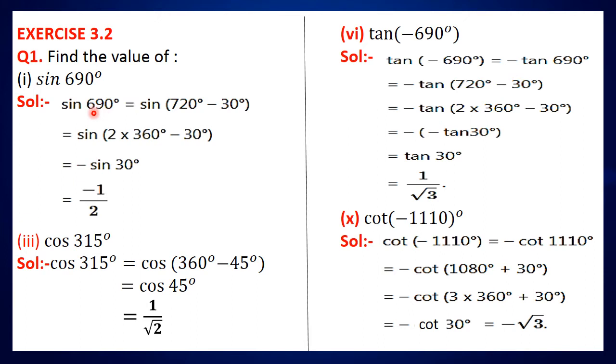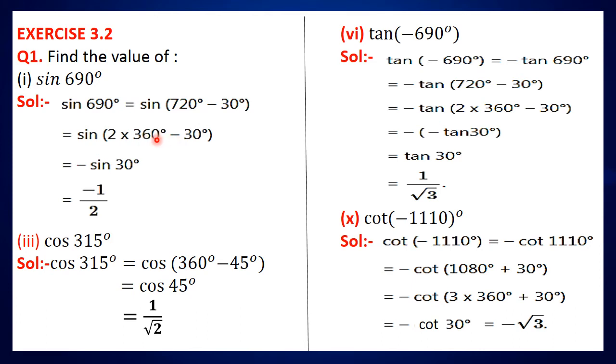So when a large angle comes, instead of converting it into an integral multiple of pi by 2, we can convert it into an integral multiple of 360 also, because we know 360 is an integral multiple of pi by 2 only.